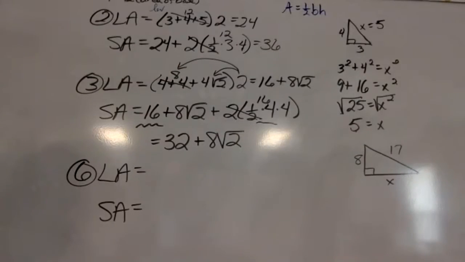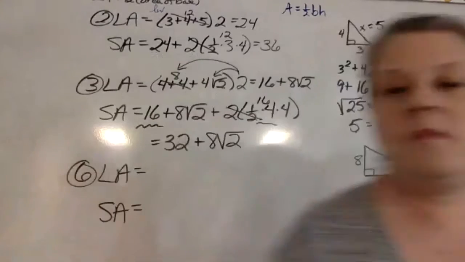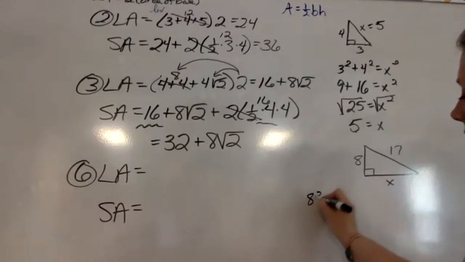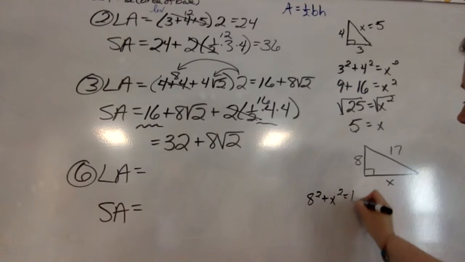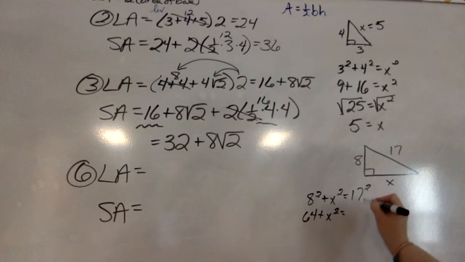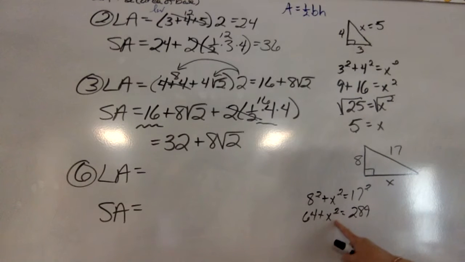So again, we're using our Pythagorean theorem. So when I go to do my Pythagorean theorem, I'm going to have 8 squared plus x squared equals 17 squared. 8 squared is 64. 17 squared is 289. And then I've got to get the x by itself.